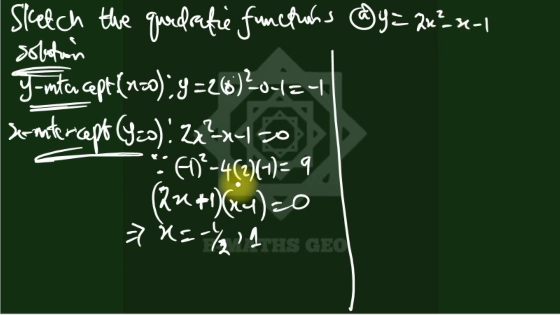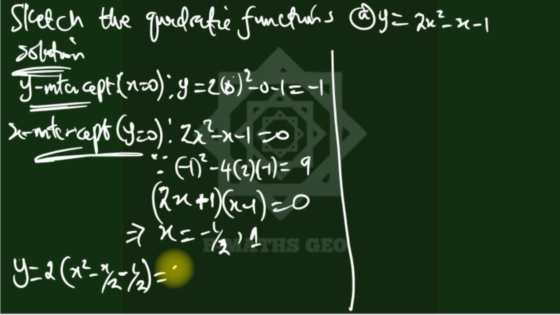So coming to find the vertex, so we'll factor 2. I have x squared minus x over 2 minus 1 over 2. So this is also 2 brackets. To make this a perfect square, I have to add minus 1 over 2 all squared over 4 times 1.